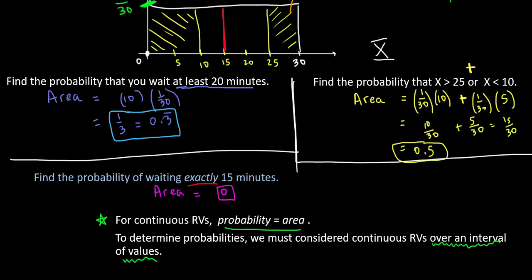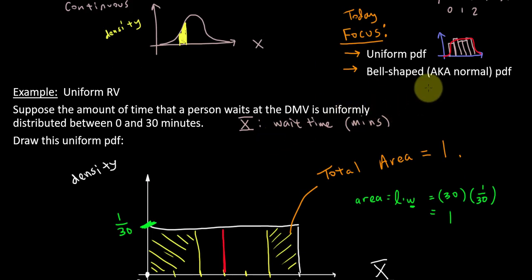So that concludes this introduction to continuous random variables. One of the main ideas is that we are using area as a way to determine probability for continuous variables. We wanted to use the uniform distribution first because it's just a rectangle, so finding area is pretty easy, length times width. In the next video, and for the next several videos, we're going to talk about bell-shaped or normal distributions.